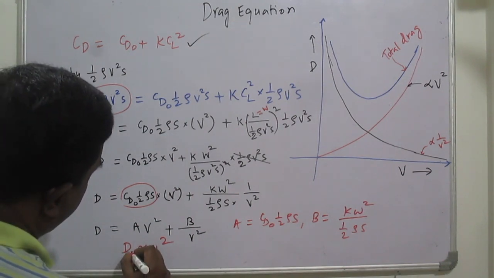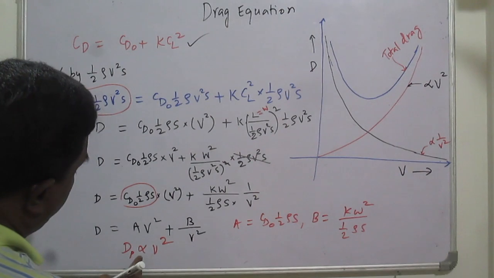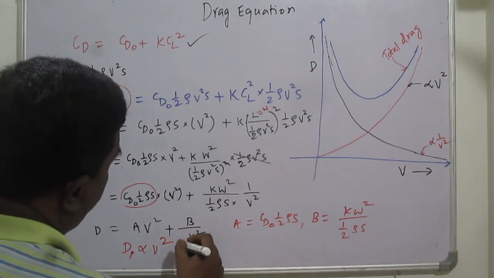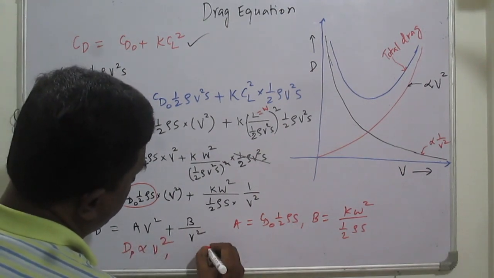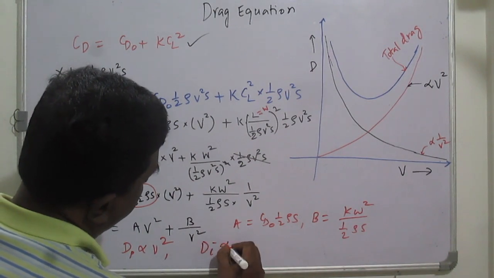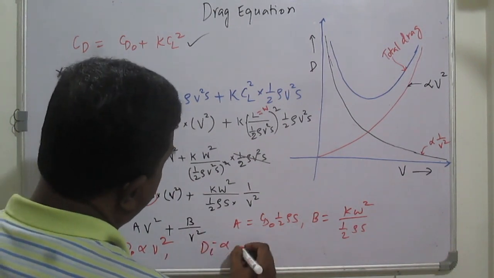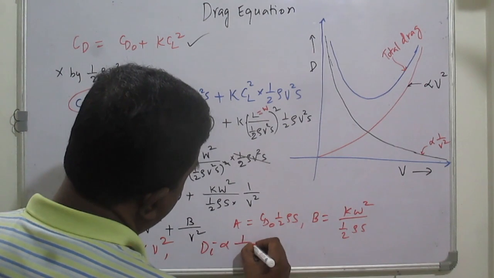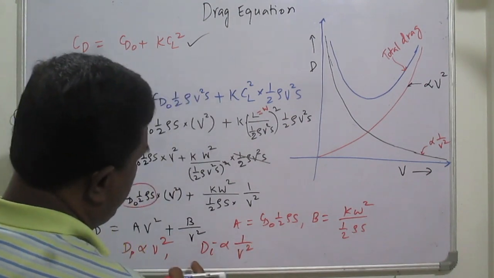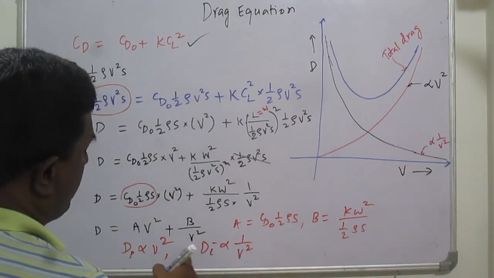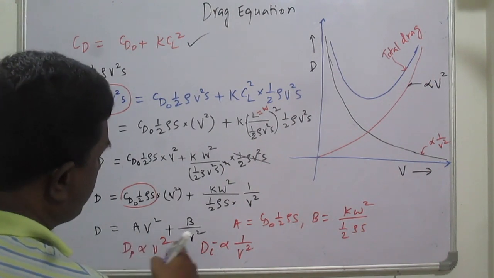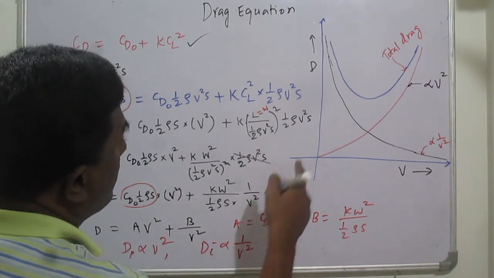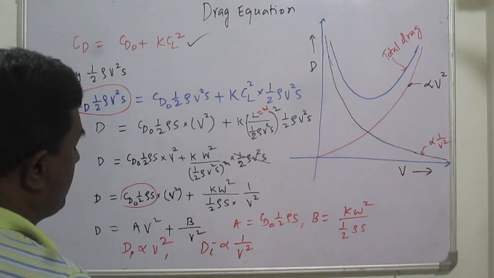The parasite drag is directly proportional to V square, and the induced drag is inversely proportional to V square. When we equate, the constants are taken into account, and that is what we represent in the equation.